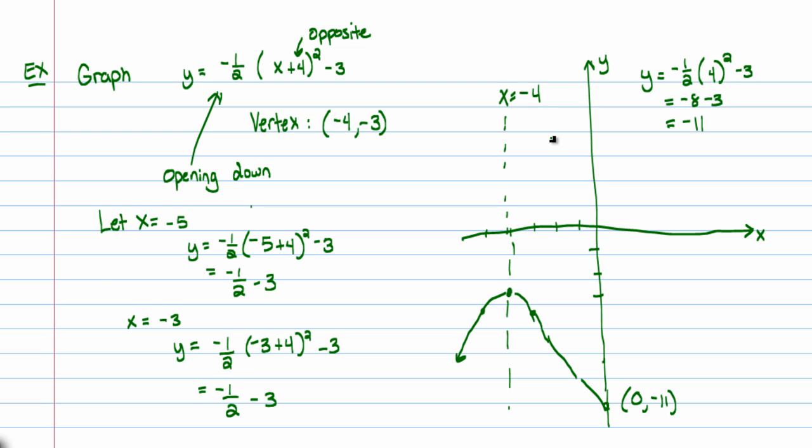Now, I have to say that this is very mathy. You can see all the math that occurs here, but it's also not the best. People don't know, well, why is it that the vertex is at negative 4 comma negative 3? And I'm just doing what I'm told to do, is what people generally do, rather than having a common sense approach to say, well, listen, I know that all parabolas will hit a y-axis.